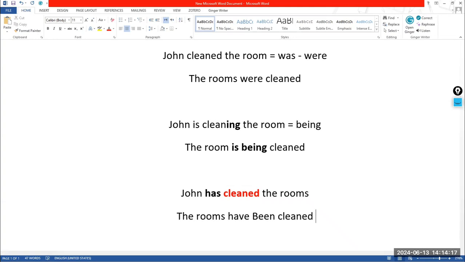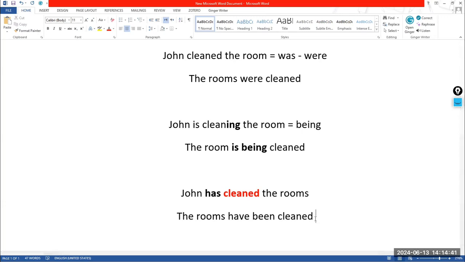So, have been cleaned. Because why? Because I have verb 3 in the active. So it means the rooms have been cleaned. Does it mean not yet cleaned? No, they are already cleaned.